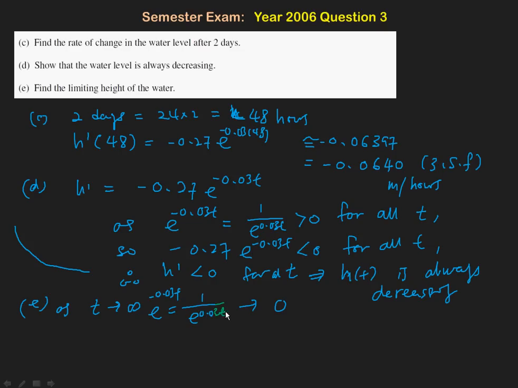And so the h(t) function, which is 6 plus 9 times this, is going to be really small, and 9 times 0 is just 0, so the function h would tend to 6 meters, and that is the answer to part E. I hope you try other questions, and all the best.